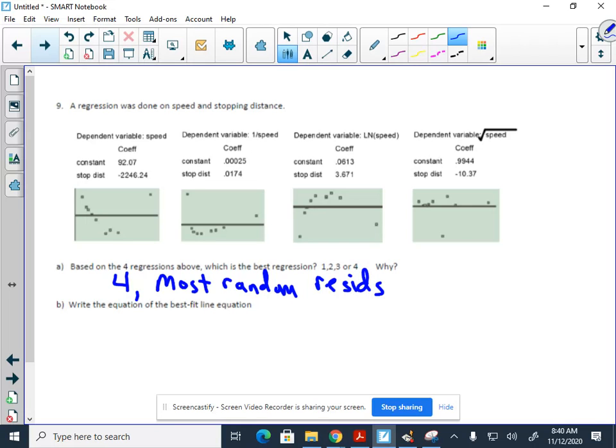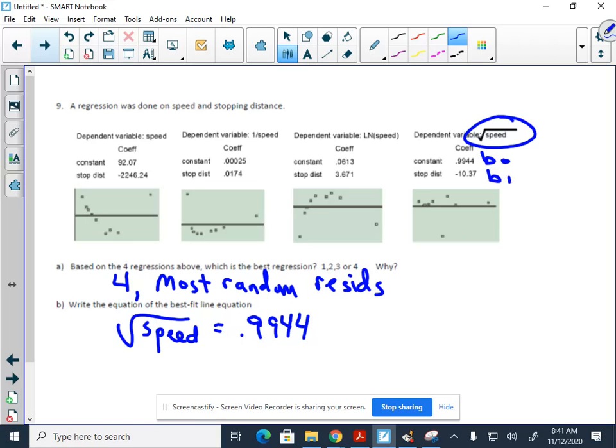And this is usually what I test on, something like this. What's the equation? The equation is the square root of speed. And where am I getting that? I'm getting the dependent variable equals. Now we need B0. That's B0, that's B1. Don't get those mixed up. It's very easy. Is that a negative 10? I think it's a negative 10, isn't it?